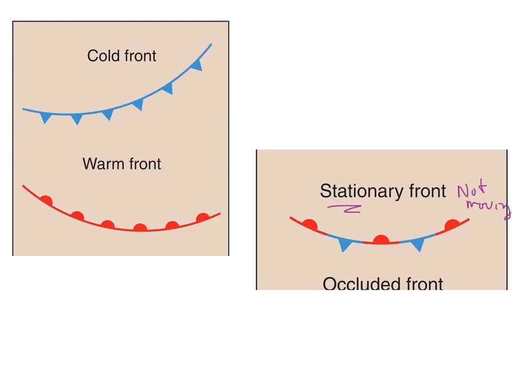The semicircles look like they're going that way, but it's not moving. Can you see where this is our warm air mass? And then the top is our cold air mass. So it's a standoff.